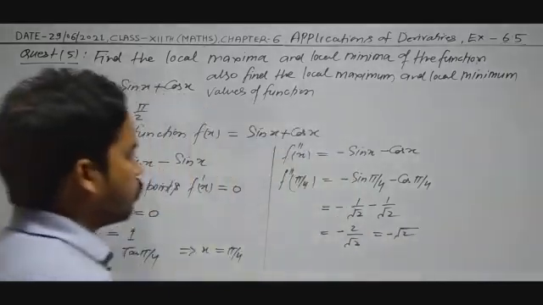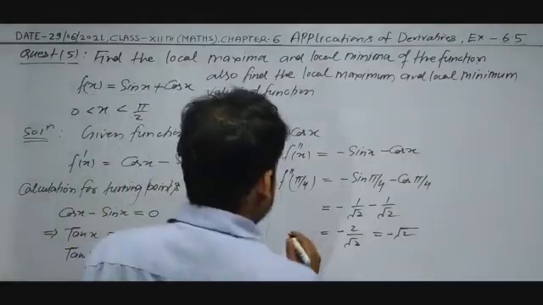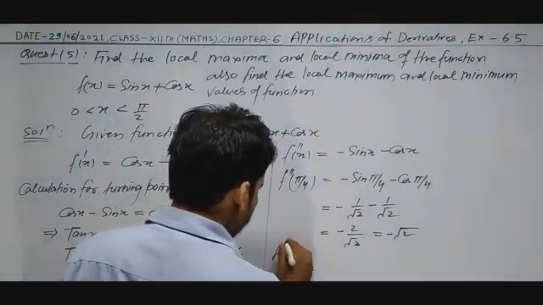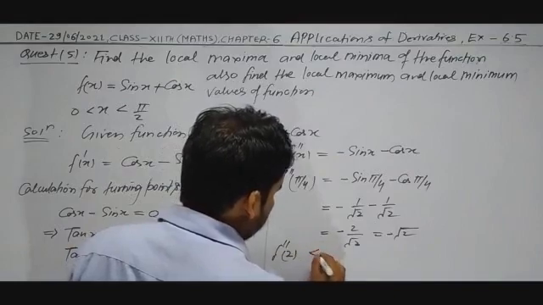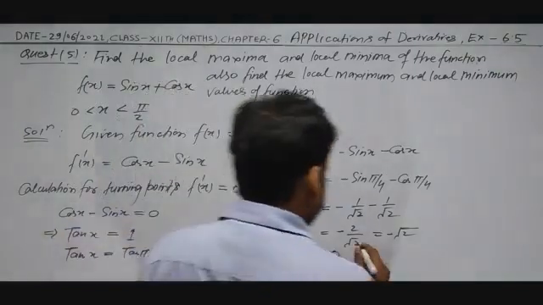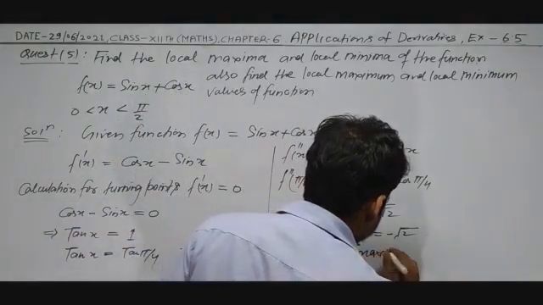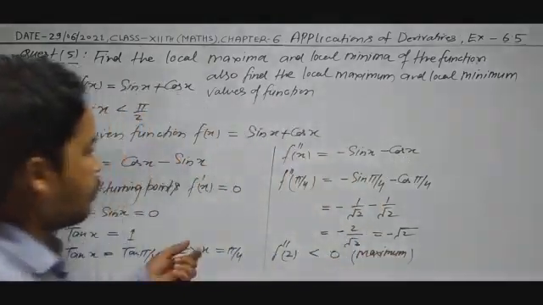So minus root 2 means f double dash x is negative. f double dash pi by 4 is lesser than 0. Lesser than 0 means maximum. And what you can write?